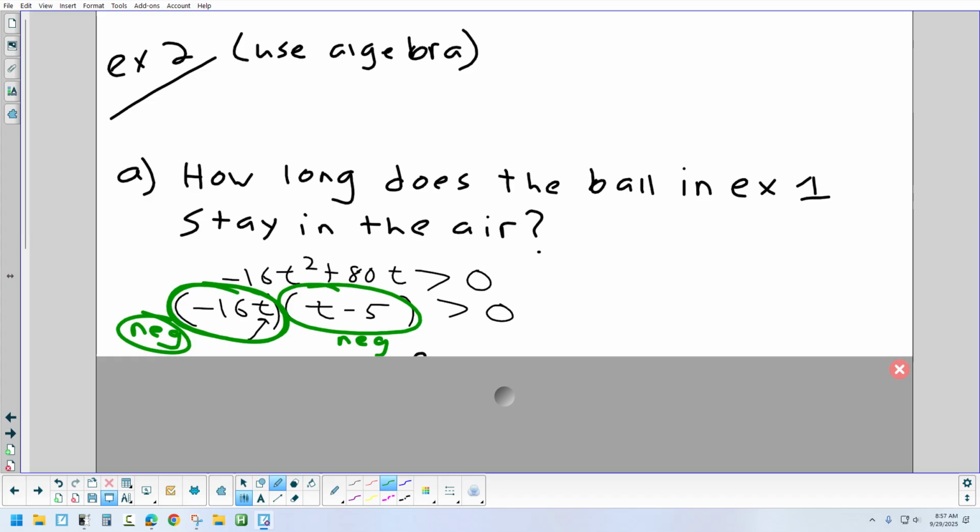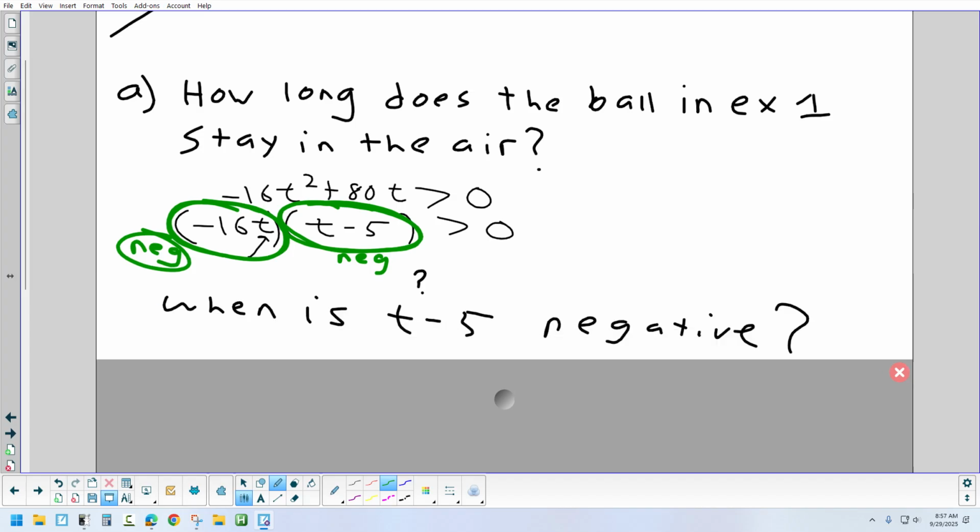So now, the question is, when is this a negative number? If we can figure that out, that's when the height of the object will be above 0. Okay, so when is t minus 5 negative? What kind of values of t would cause this second factor to come out negative?